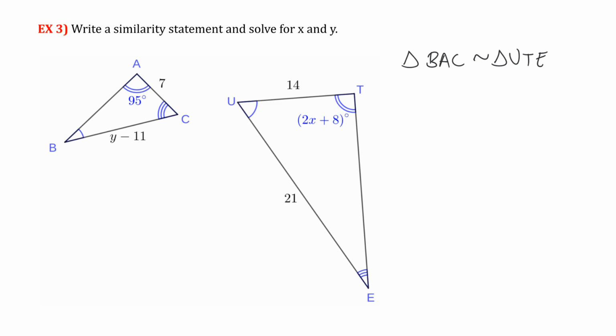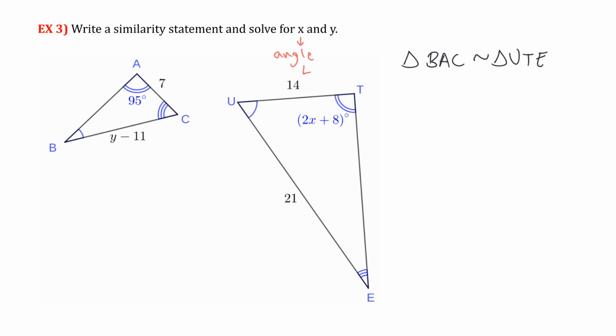Now that we have our similarity statement, we can begin solving for x and y. We need to do this one at a time. So let's first focus on x. The first question, as always, is to ask yourself, what does x represent? X here is actually in an expression that represents angle T. So x for this problem represents an angle.